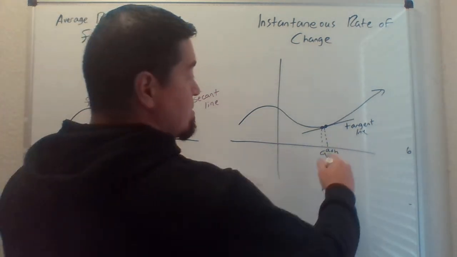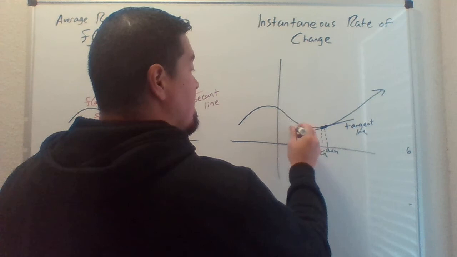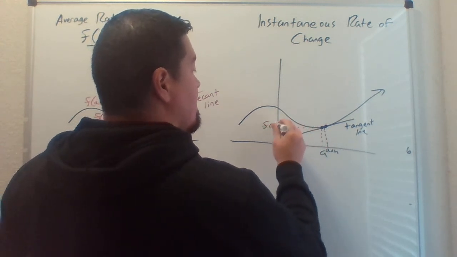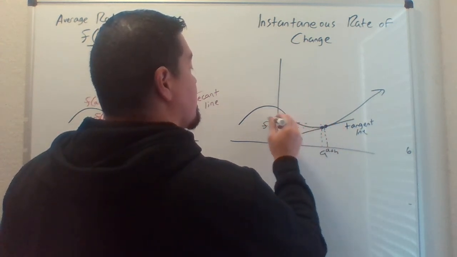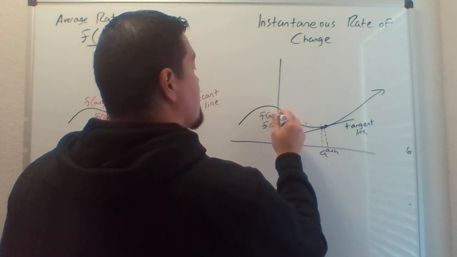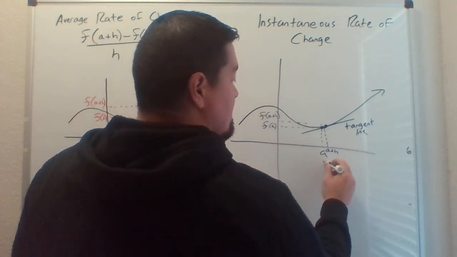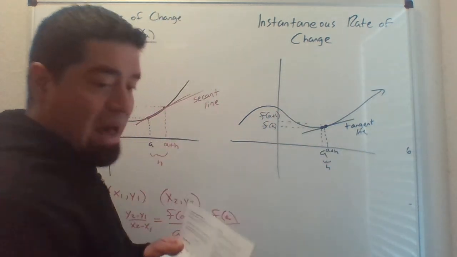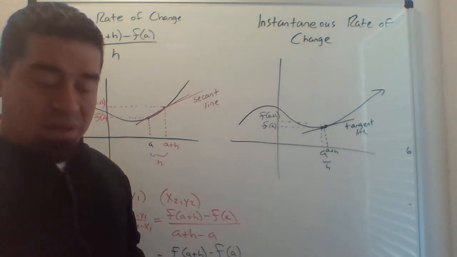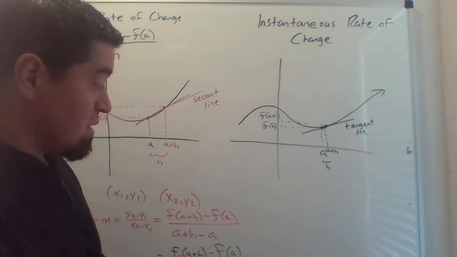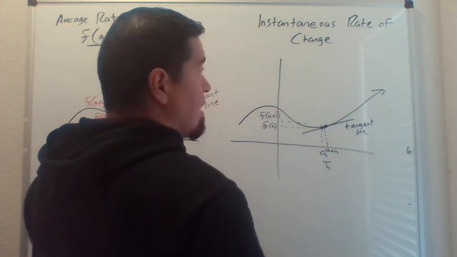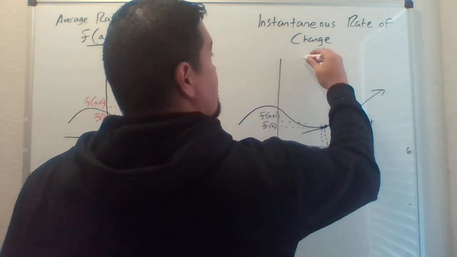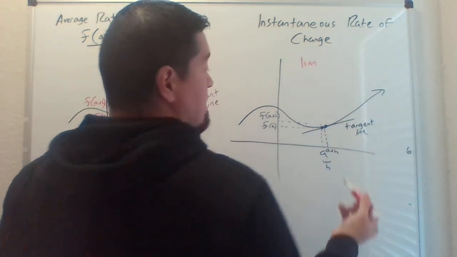I'm still going to do, this is A, this is f of A, the point above that, that's f of A plus h, right? And that distance is still h. But how do I get the closest point possible? The closest point possible will have to be with something we've been learning about, which is the limit.